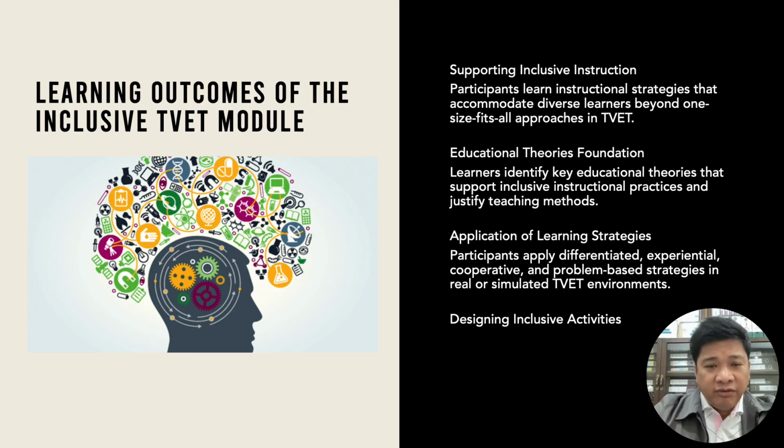In inclusive TVET, outcomes should focus on what learners can do, not how they all get there. By achieving these learning outcomes, TVET trainers become better equipped to support diverse learners, improve training completion rates, and contribute to inclusive workforce development.